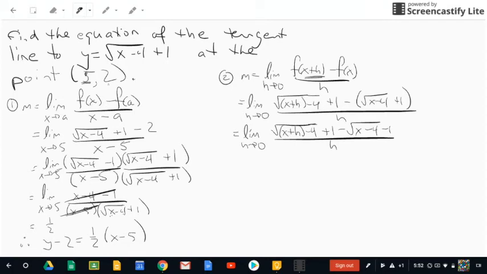Now, notice that the ones are going to disappear there. And what I'm left with here is the square root of x plus h minus 4 minus the square root of x minus 4. So I've again got a limit with radicals in them.